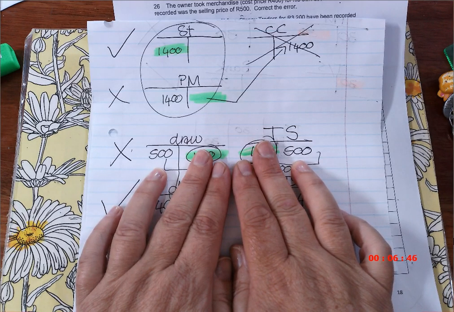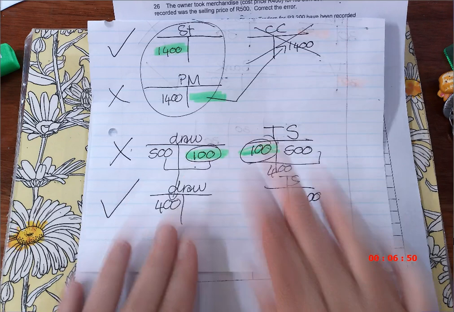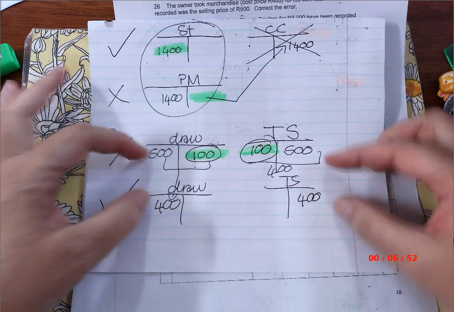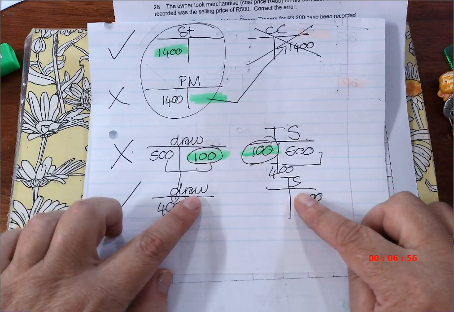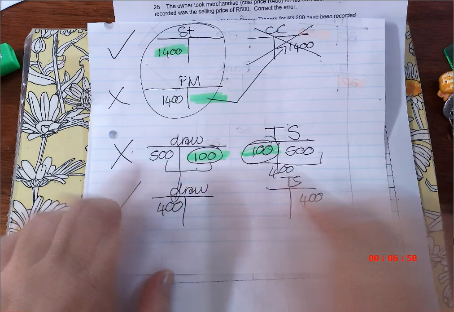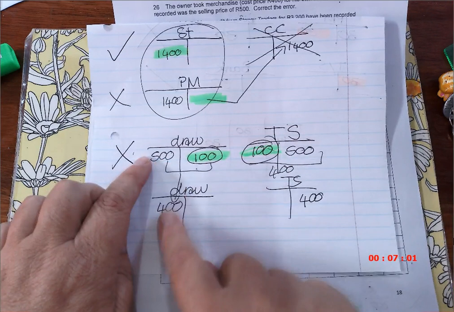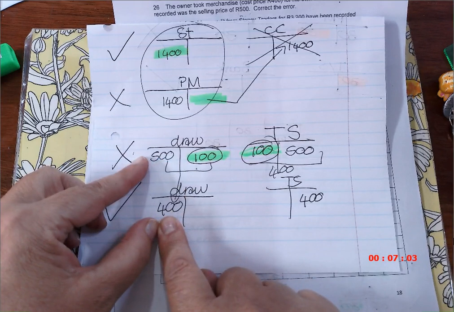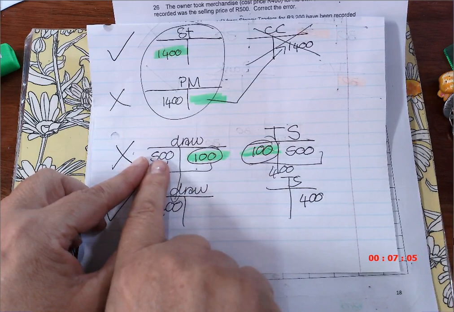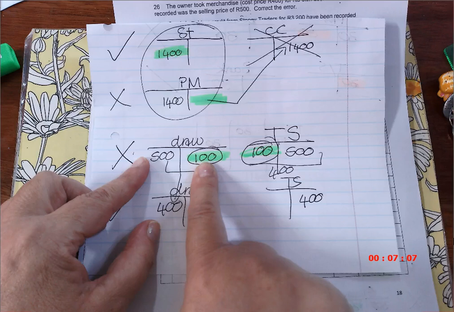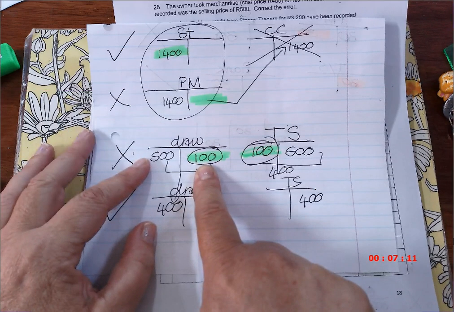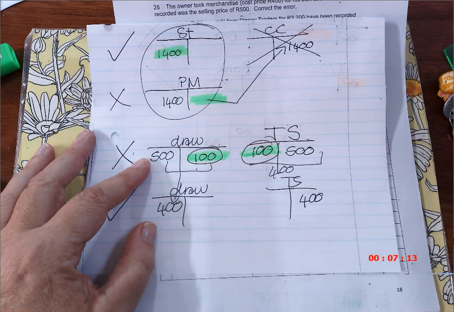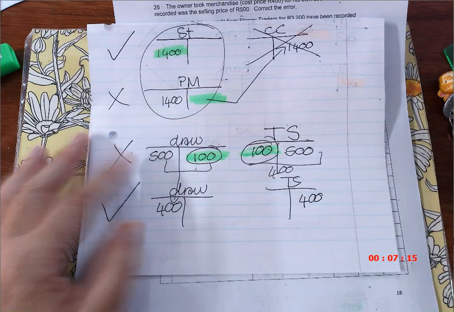The 500 is wrong. What should it be? It should be 400. But can you see the sides are the same? The accounts are the same. There's no mistake there. So how will I make the 500 a 400? By just going opposite. I'm subtracting 100. And in accounting, how do you subtract 100? By going opposite. Yes.